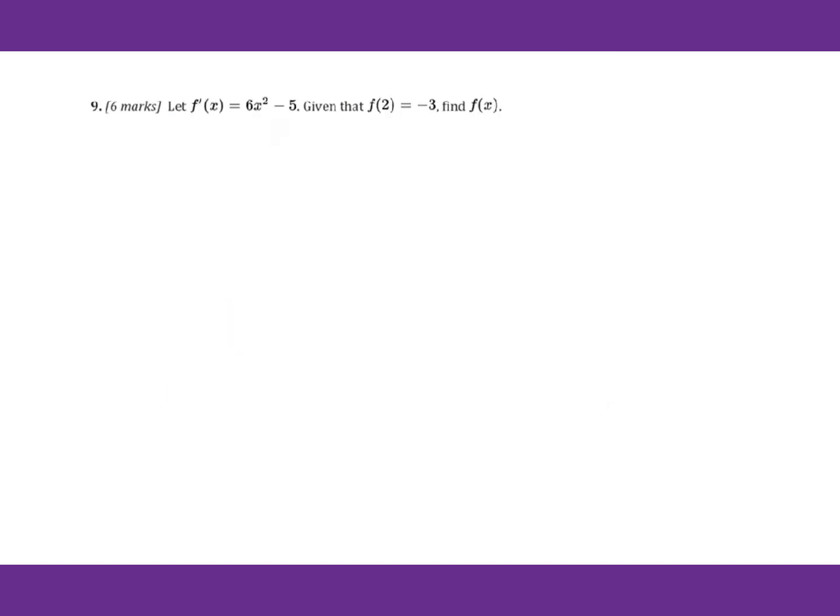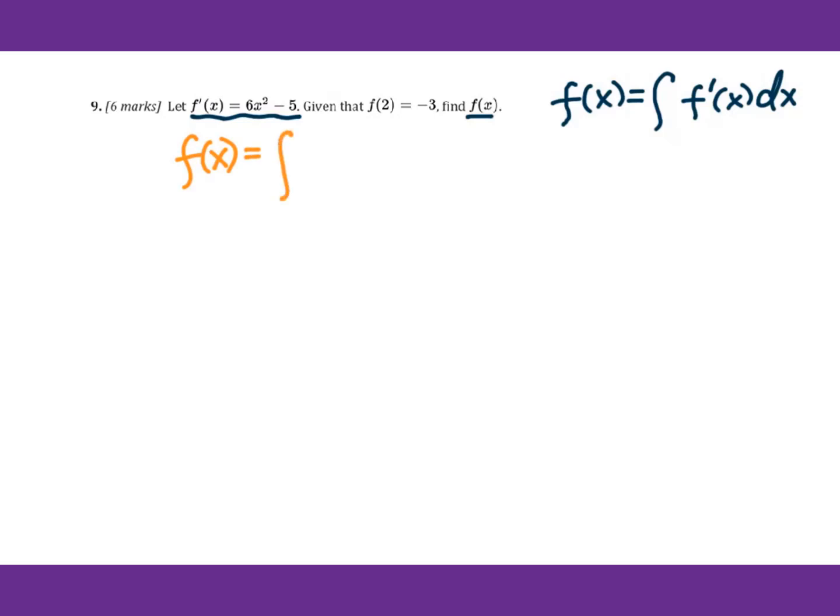Now let's go to number 6. You are given f prime of x equals 6x squared minus 5. Given that f of 2 equals negative 3, find f of x. Remember, f of x equals the integral of f prime of x dx. Therefore, we will set up f of x equals the integral of 6x squared minus 5.